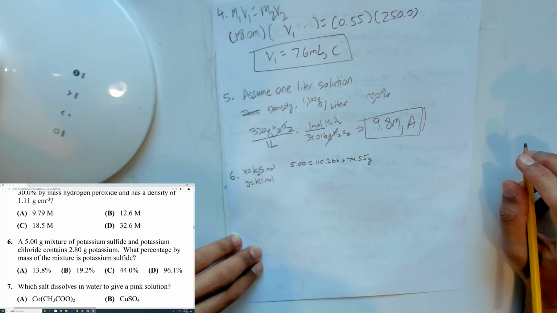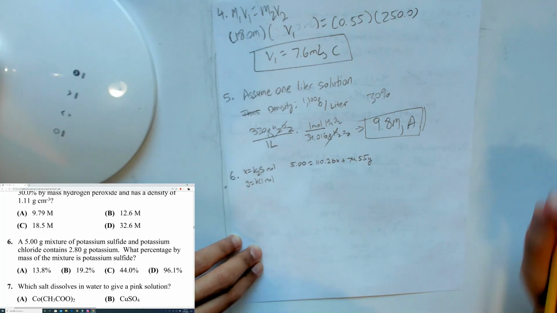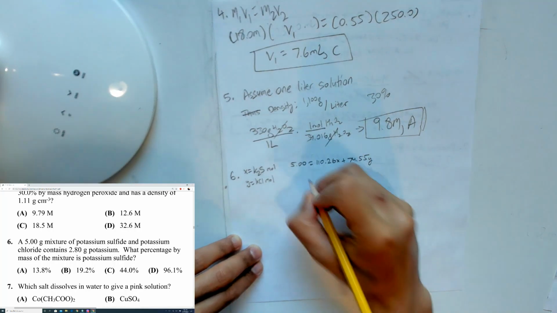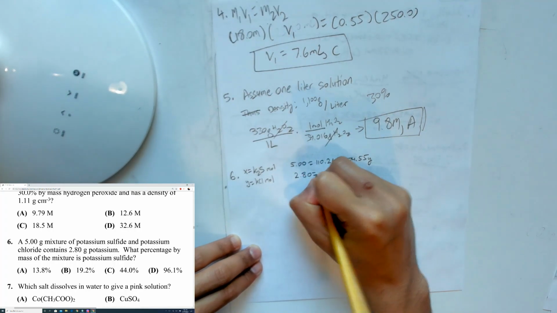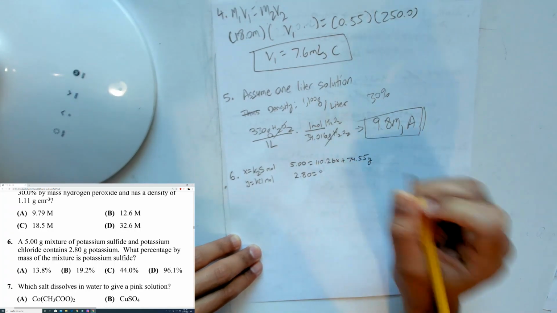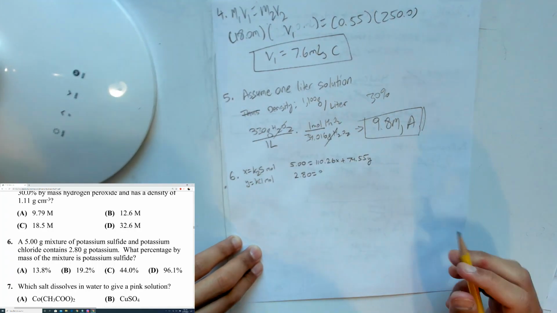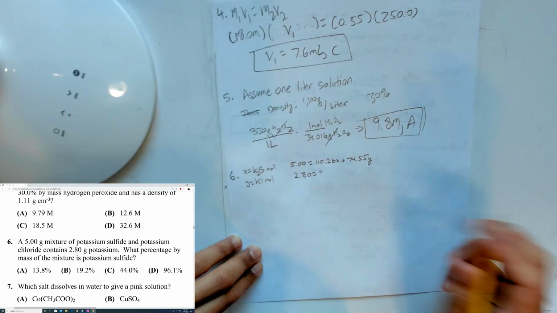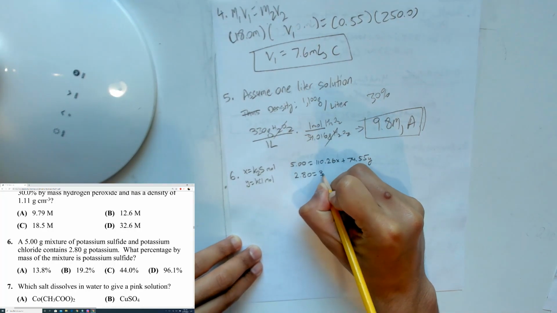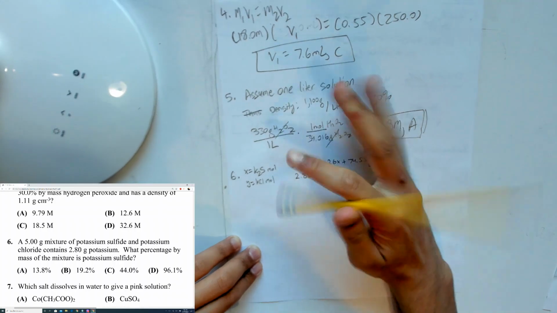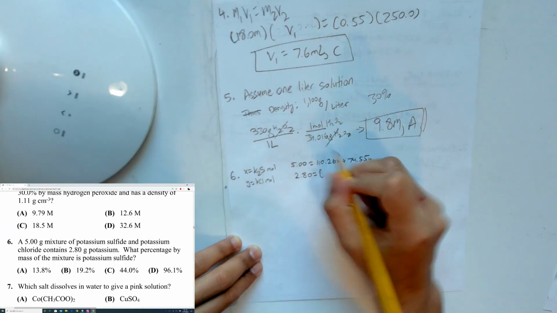Now, you also want to write down an equation that accounts for the 2.8 grams of potassium. So you want to write 2.8 grams of potassium equals, so you want to find the combined moles of potassium in this mixture. Let's take a look at K2S.